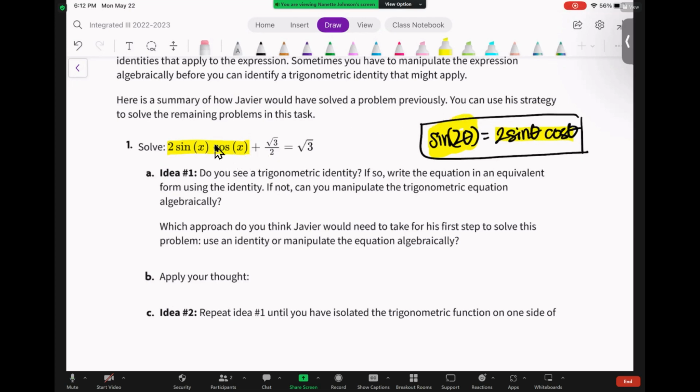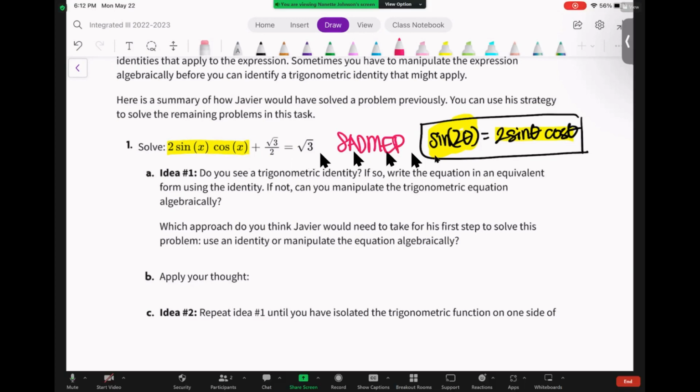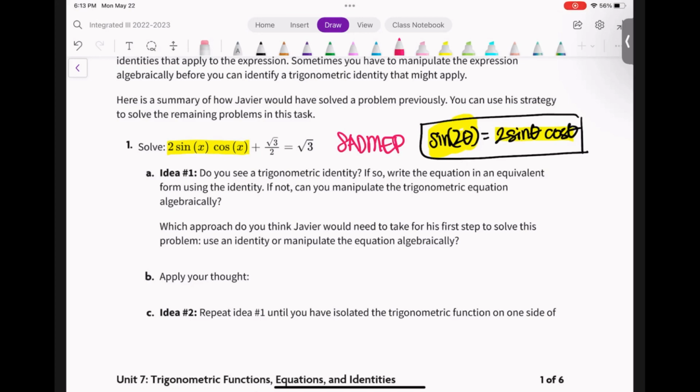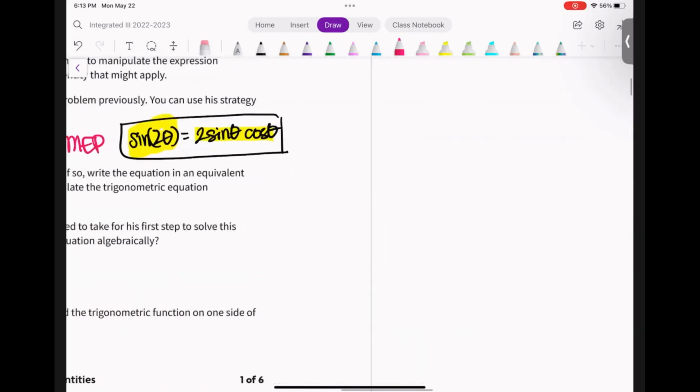But first, I also see addition. And if you remember our ideas, we use SADMAP. So I'm going to get rid of that plus root 3 over 2 and move it to the other side. Okay. So I am going to move that to the other side. Should I go on this side? Probably this side. All right.